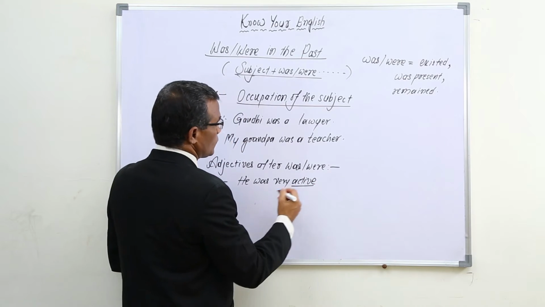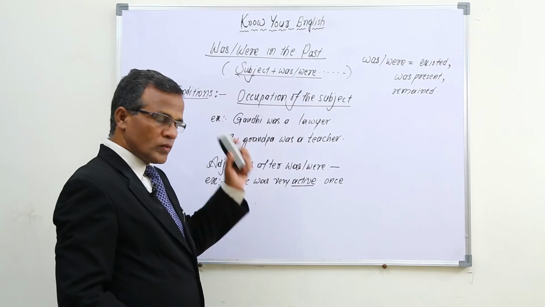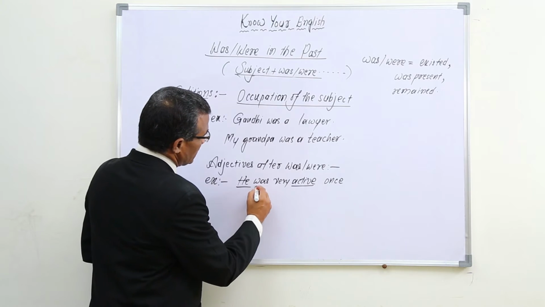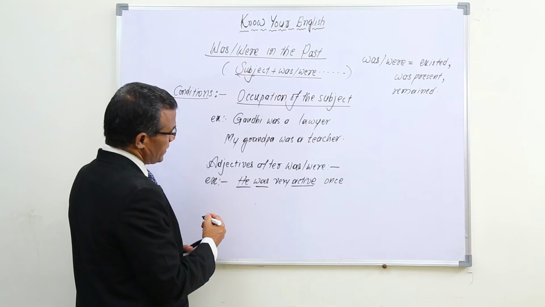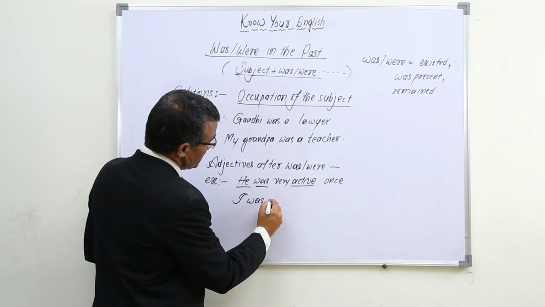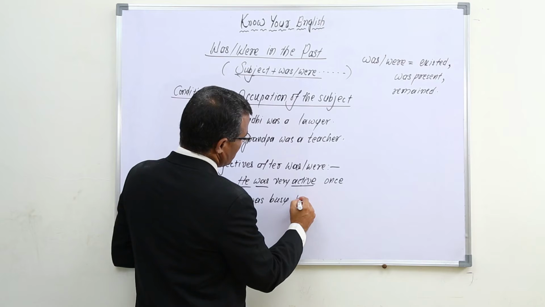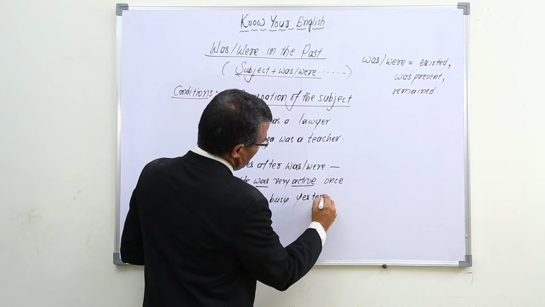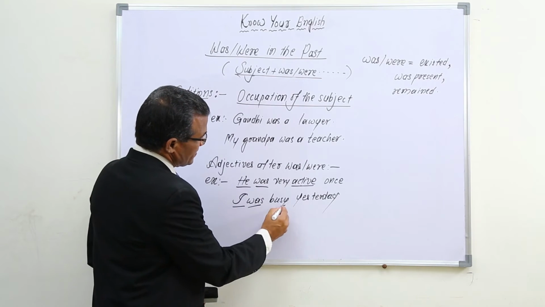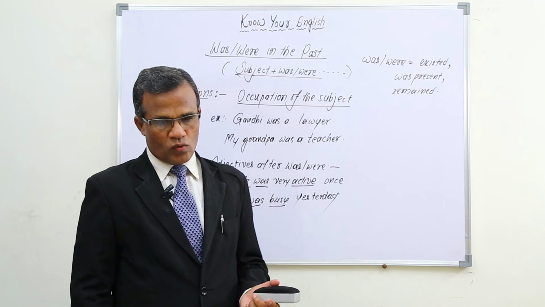He was very active once, means in the past he was very active. Active is an adjective there. In the same way, for example, I was busy yesterday. Busy is an adjective. In this way, we can use adjectives after was or were.